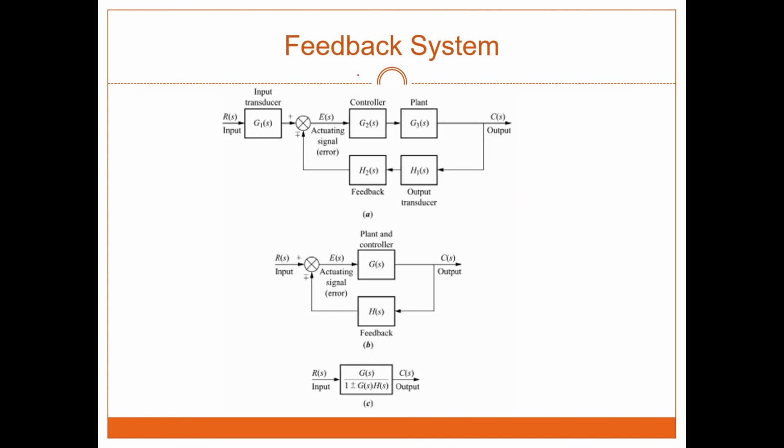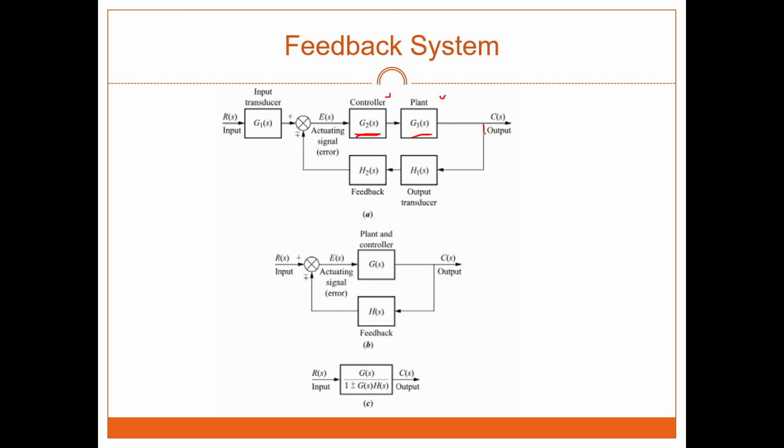We also have a feedback system. In control systems, usually we have a feedback system. So this is a closed loop where we have the input transducer coming to this one and the actuating signal. So this is the gain, or we also call it the system response. The first one, and the second one at the plant, we have the second response. This one gives a different impact, and this one gives a different impact.